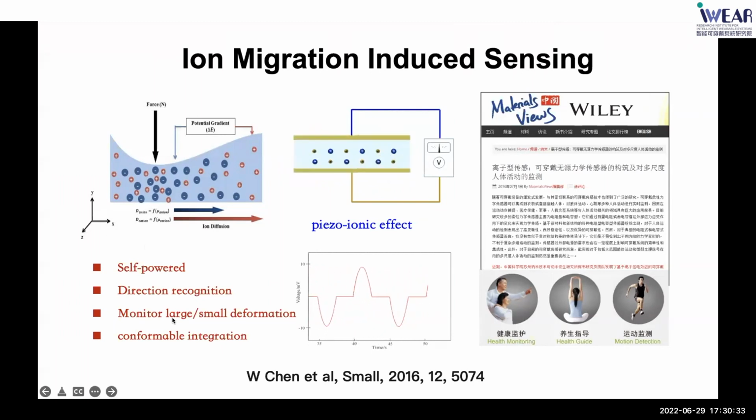Next we will verify that it can detect both large deformations and very tiny deformations, and it can be integrated with wearable clothing or other accessories.